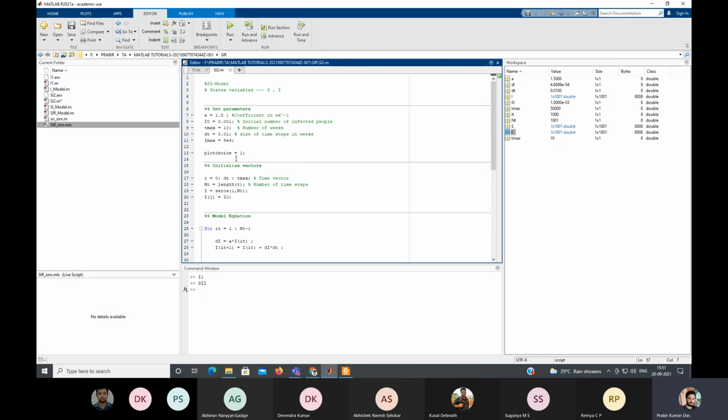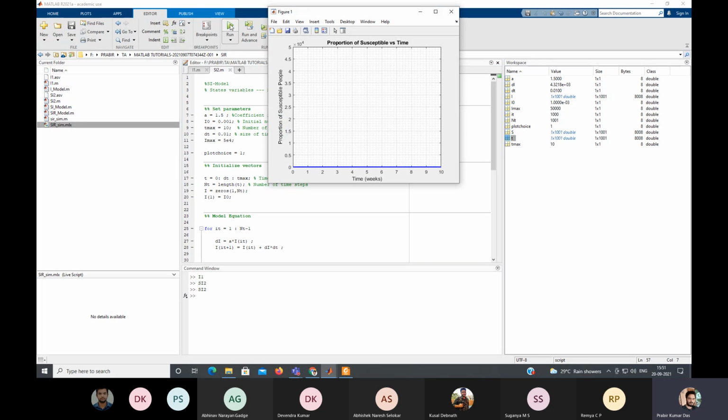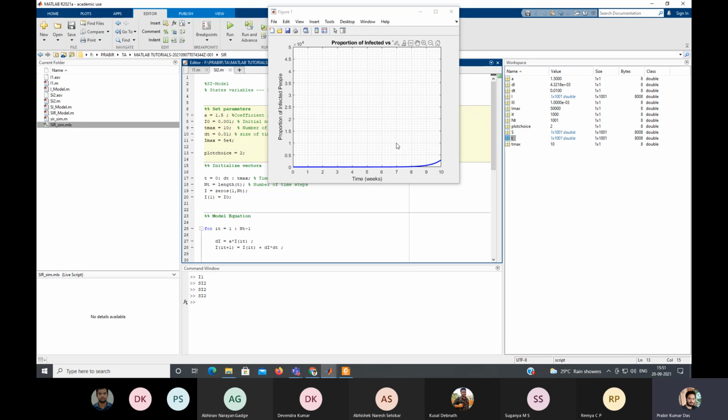Let's try this one. So it is actually working, but we have to change this time scale a little bit. Then we will see the full result.